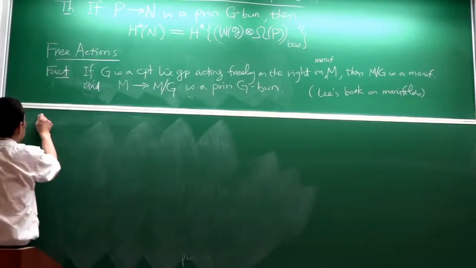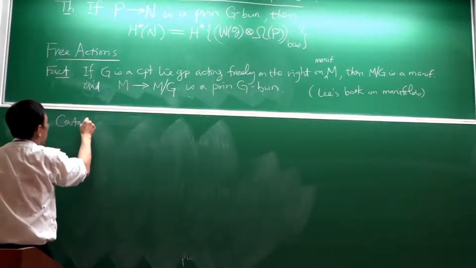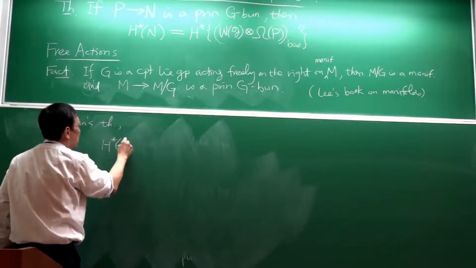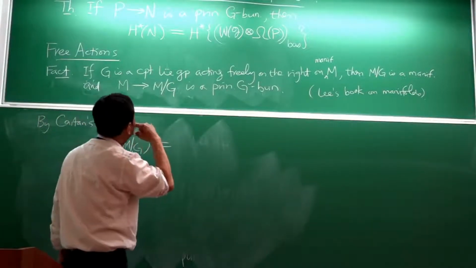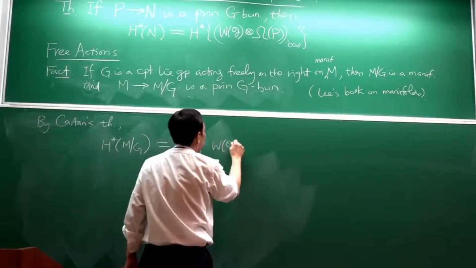So by Cartan's theorem, the cohomology of M mod G is the cohomology of this Weil model.